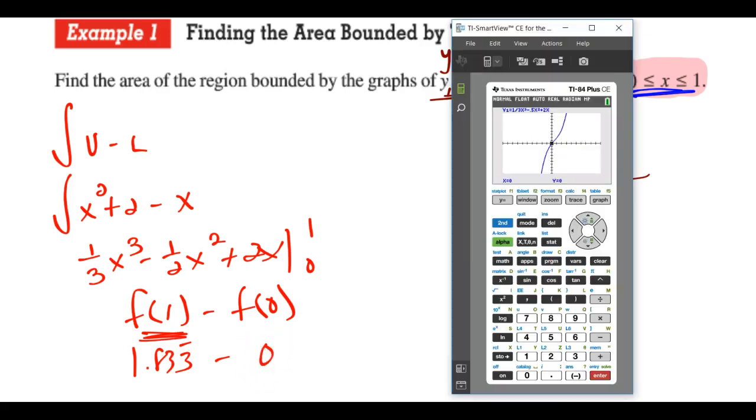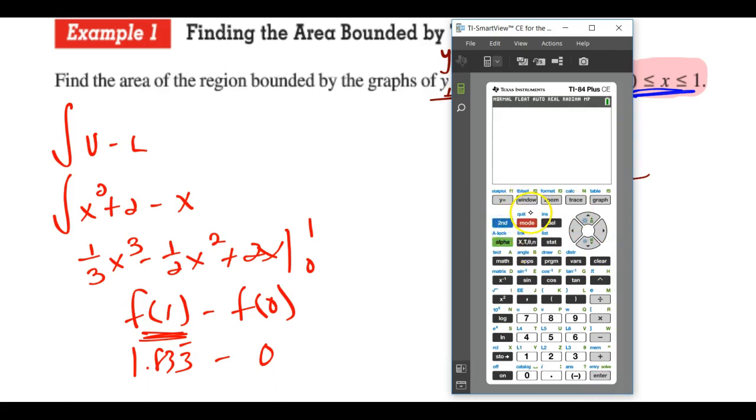And another way to do it is to go under your table setup and make sure you have ask instead of auto, and just looks like I had some other values in there, but there's 1 and there's 0, so there's that 1.833. I can delete that out. So you can either do table setup or just trace it.